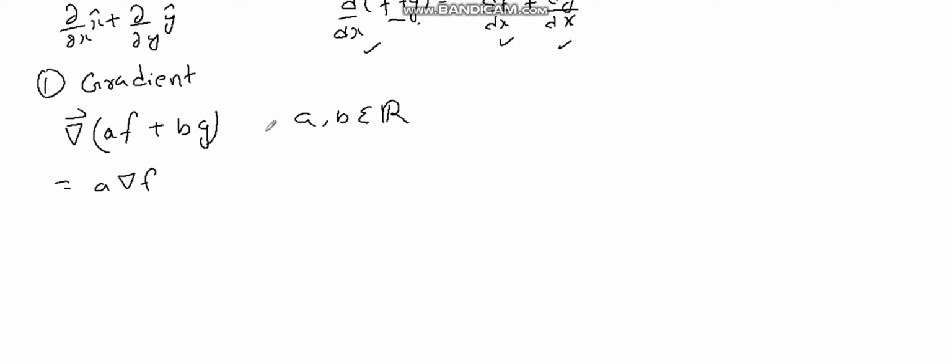This a and b are just constants, so they will come out. They come out because this symbol may look different, but it is nothing but the partial derivative. So it works as a derivative.